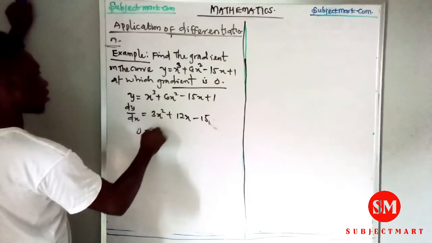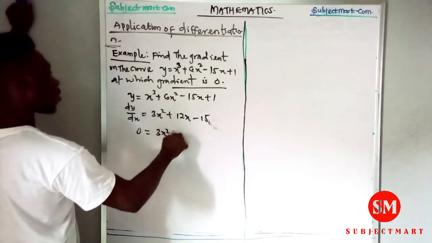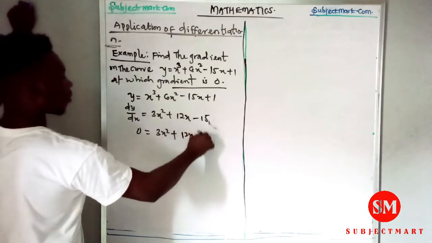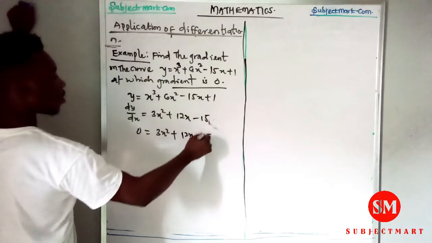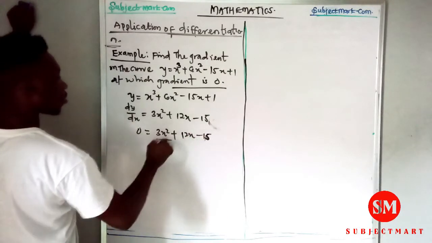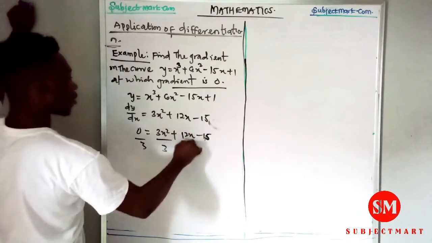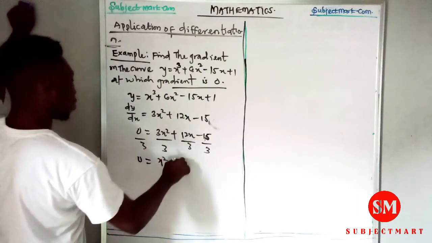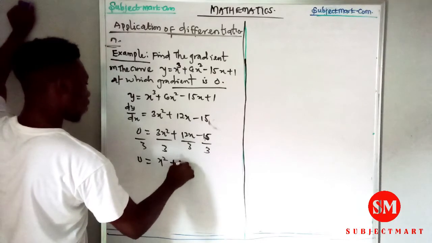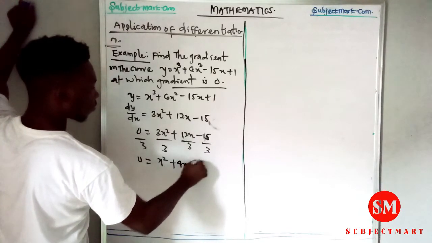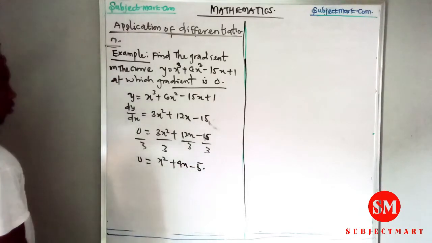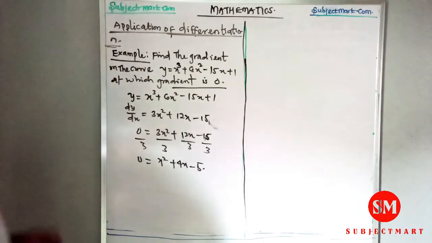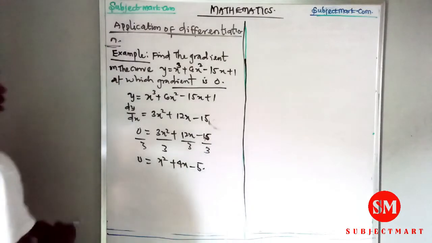So 0 here is equal to 3x squared plus 12x minus 15. This is a reducible quadratic equation, so reduce all through by 3. So 0 here is equal to x squared plus 4x minus 5. Having this now, let's factorize.